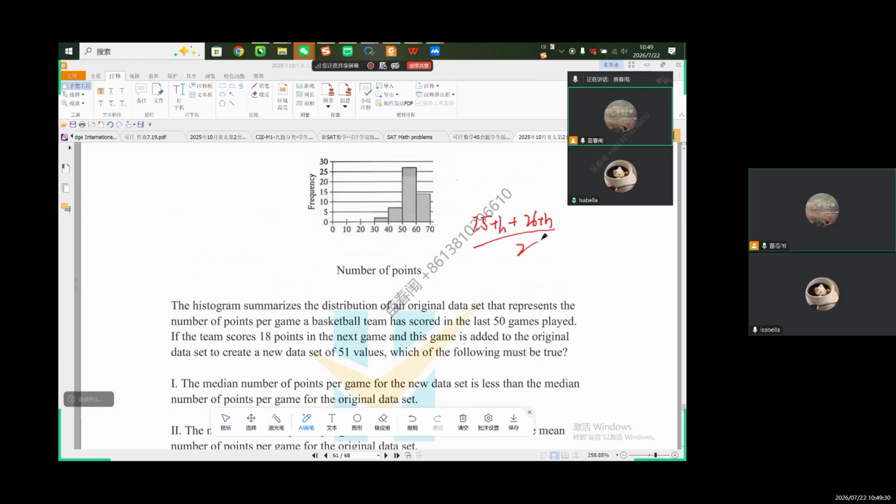Oh yeah, that makes sense. For the other one with 51 values, I divide 51 by 2 and have 25.5, so I use only the 26th as the median for the new data set. So let's talk about the original one: the 25th and 26th.